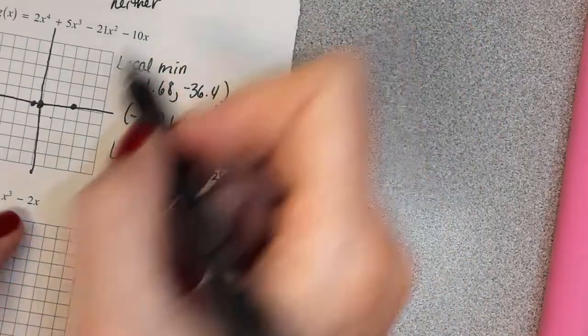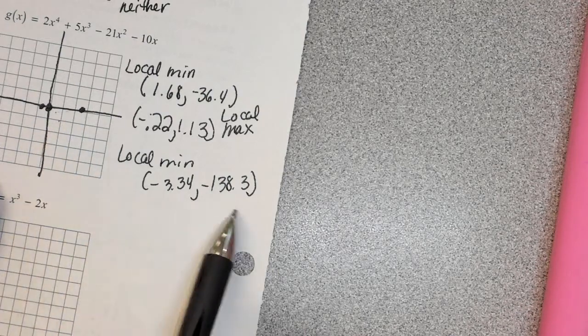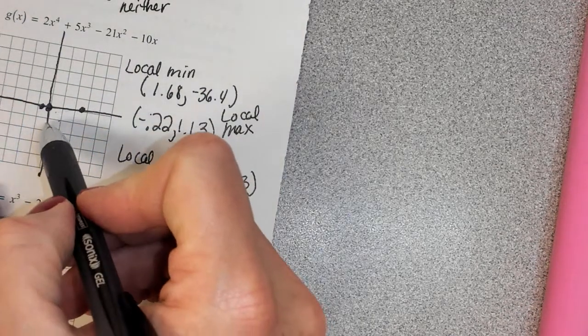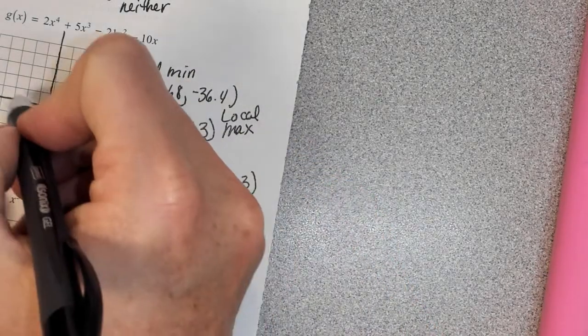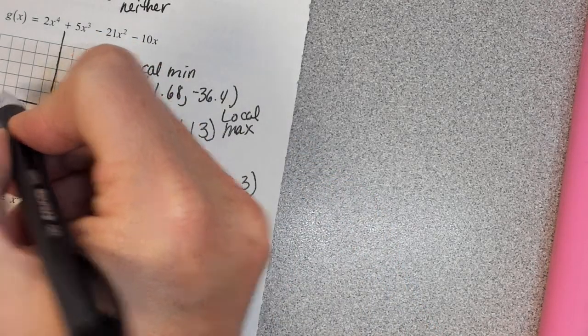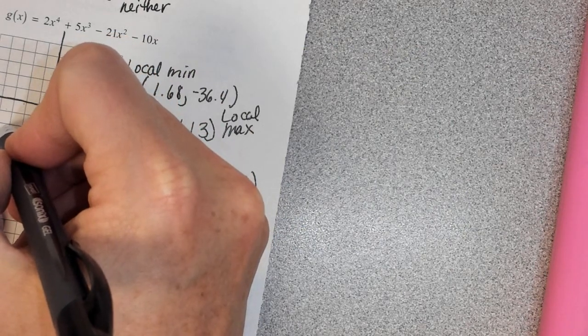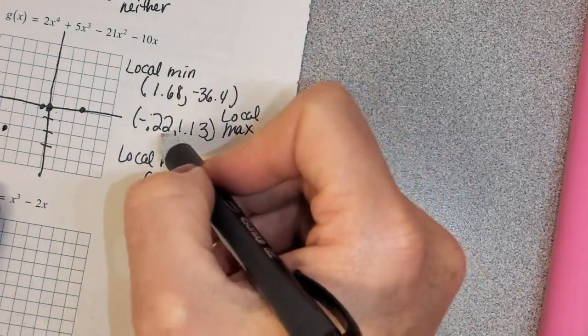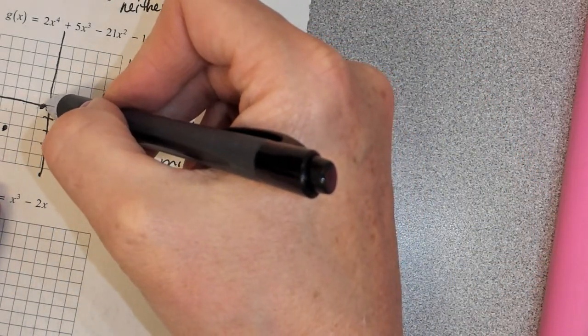All right, so I got to plot these points now. About 1.5 and -30. Let's do this one first, though. I want this to go down by 50. So that's -50, 100, 150. Go down 50, about right there. There's a minimum. I have a maximum at -0.22 right there, just a little bit higher.